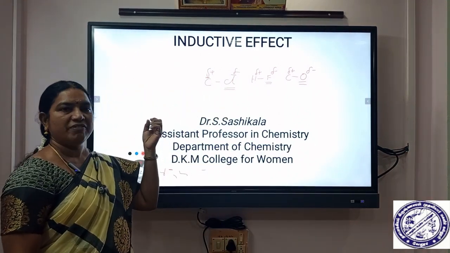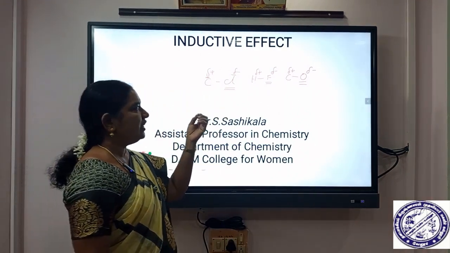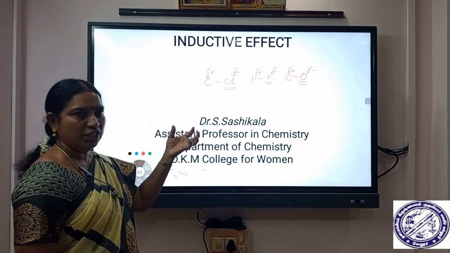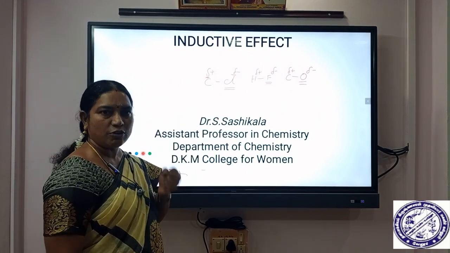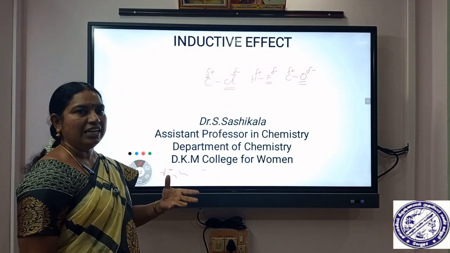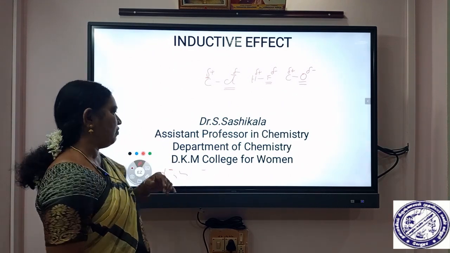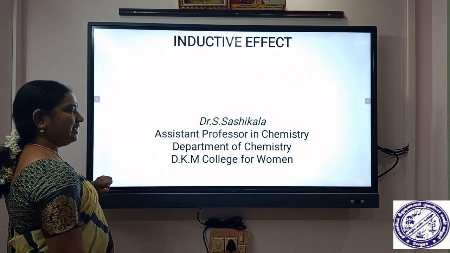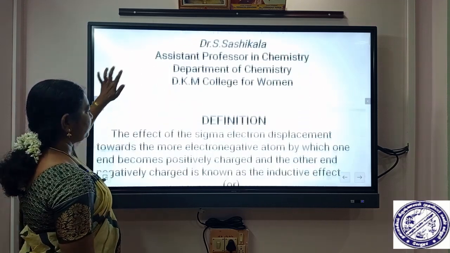From these examples, you can well define the inductive effect. So inductive effect is an effect in which one atom pulls the electrons towards itself, and the other atom donates the electrons. Now we will see the various other definitions of inductive effect.